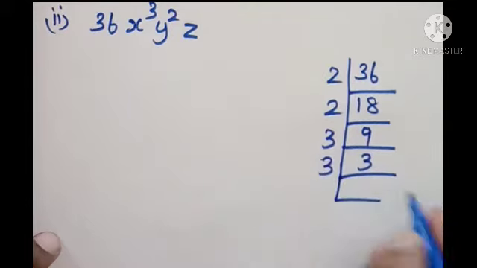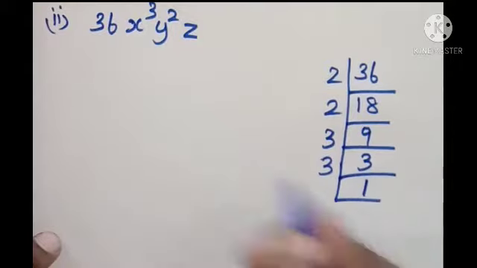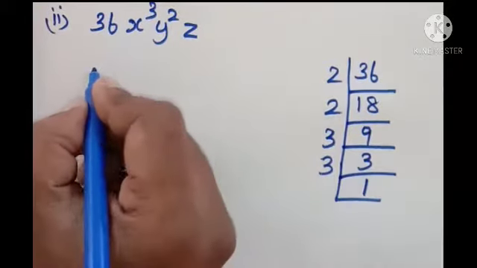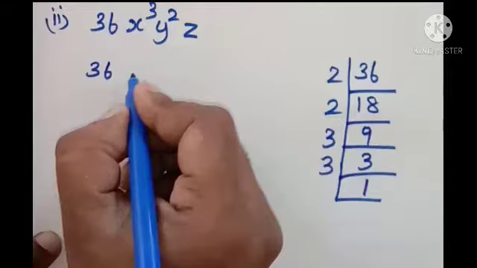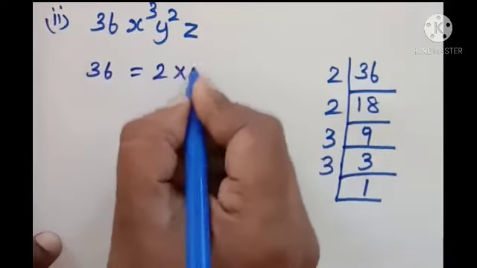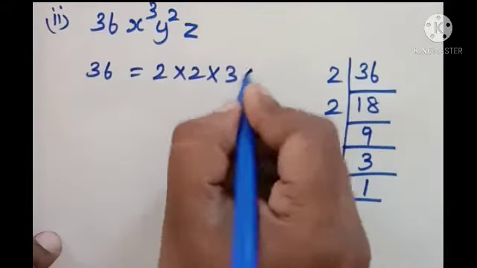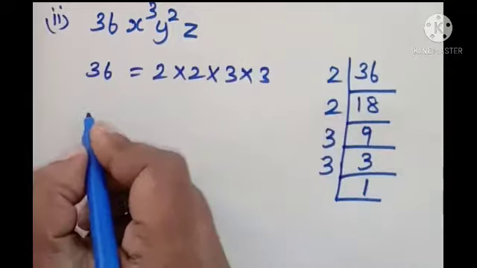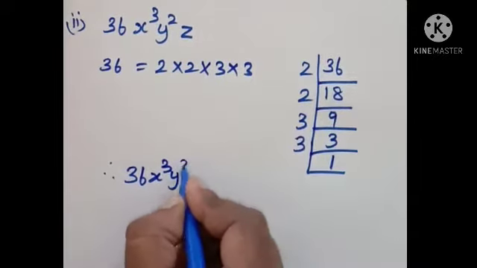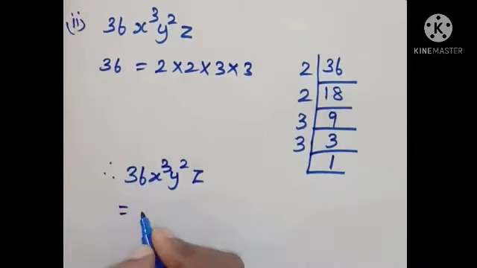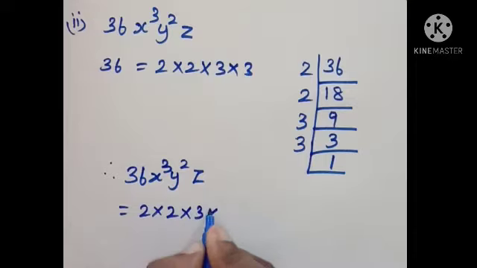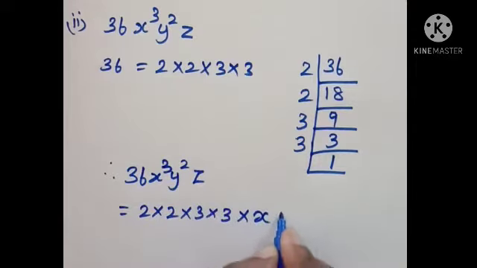Again we can take the third table and it goes by 1. So 36 has the factors 2 into 2 into 3 into 3. Therefore 36x cube y squared z can be expressed as a product of its factors as 2 into 2 into 3 into 3 into x into x into x.